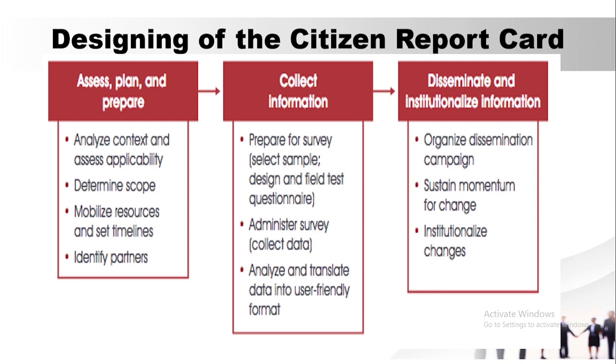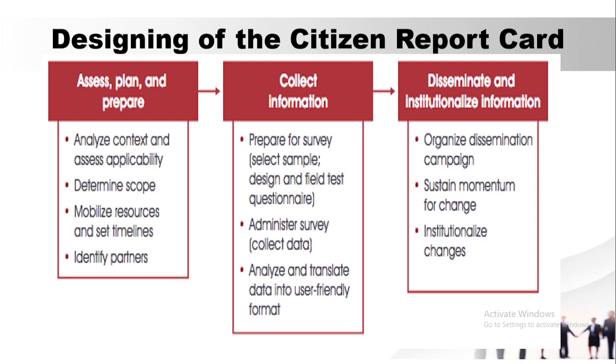So in assessing and planning, you've assessed your context and its applicability. So you know you're going to run this citizen report card maybe in the Kampala central city. You're looking at the road transportation system in the Kampala central city, which is your scope also. Then you determine your scope.